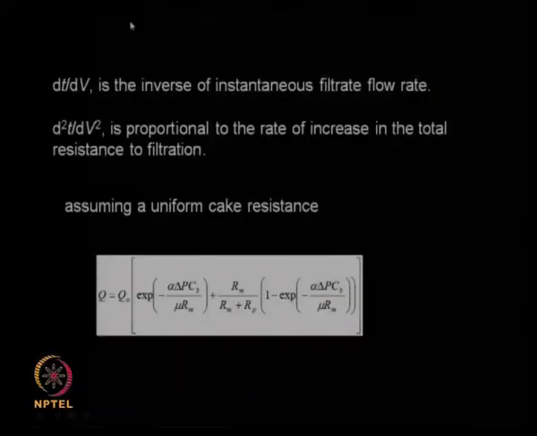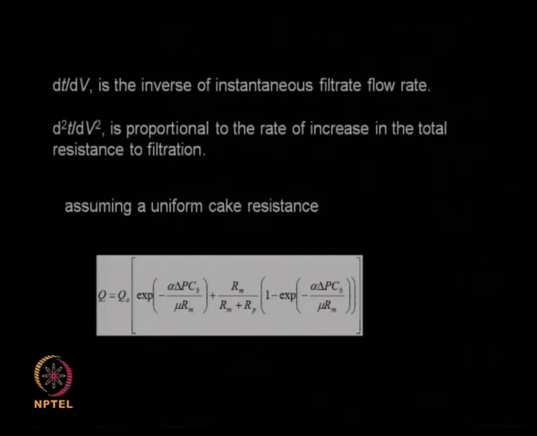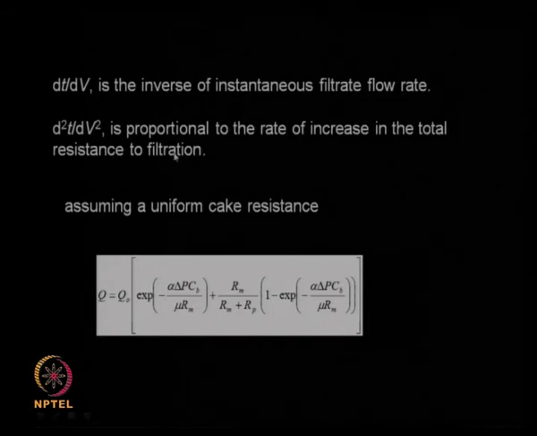Okay. Now dt by dV, on the right hand side, is the inverse of the instantaneous filtrate flow rate, because V is the volume, dV by dt is the filtrate flow rate, and dt by dV will be the inverse of that. Now d squared t by dV squared is proportional to the rate of increase in the total resistance to filtration, that is what is on the left hand side.